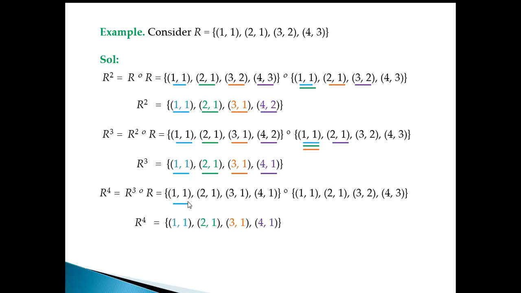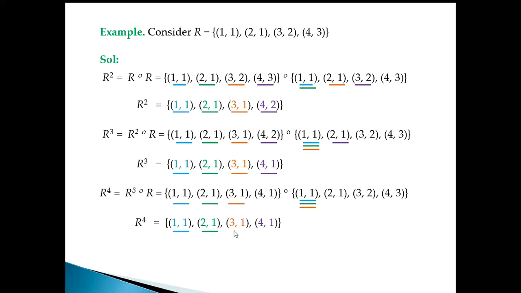First we check that 1 is related to 1, and we see that here 1 is related to 1 again. So now in our R to the power 4, the ordered pair is 1 is related to 1. Next, we see that 2 is related to 1, and we see that here 1 is related to 1. So here is 2 is related to 1. Next, 3 is related to 1, and again 1 is related to 1.